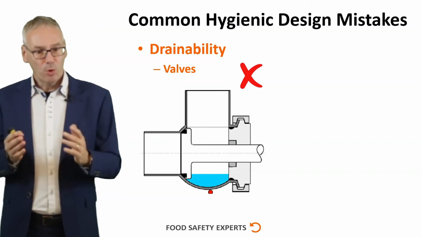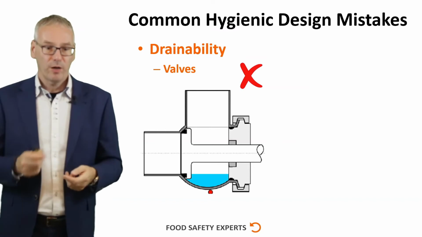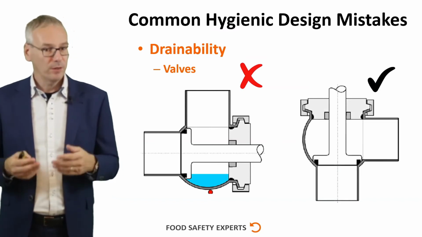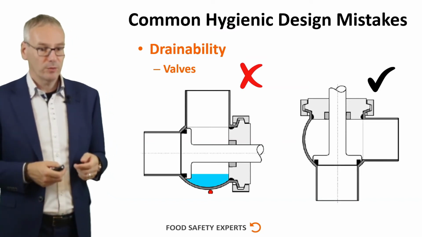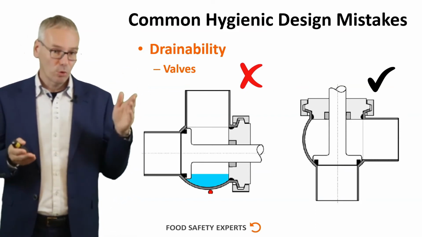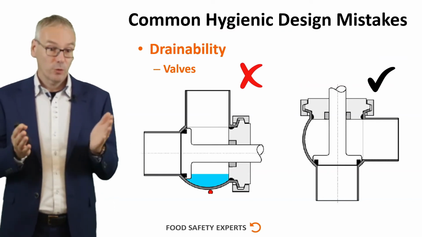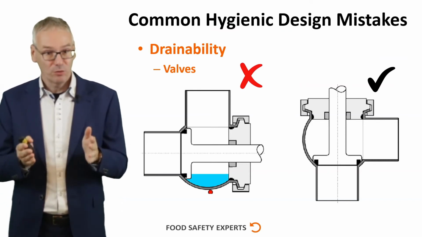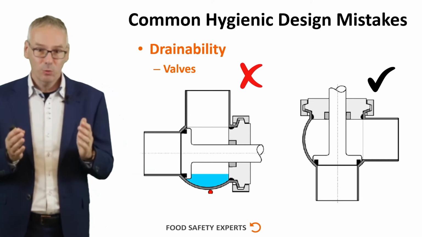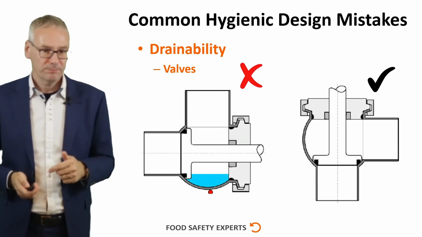The only proper way to install this valve is to rotate it by 90 degrees. And then you get this picture, where the liquid really goes through the valve and drains properly downward. So with valves, the orientation of installation is equally important to the hygienic design of the valve.